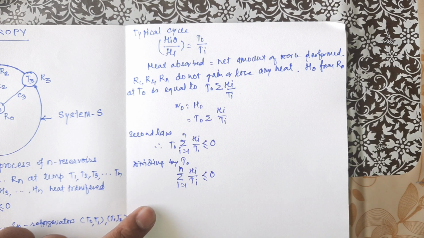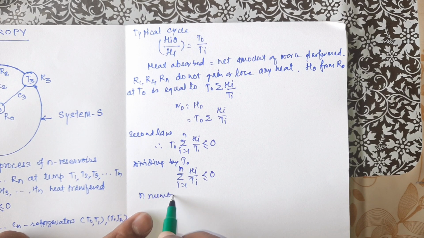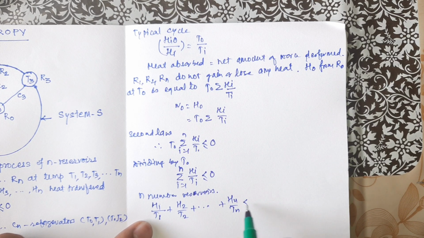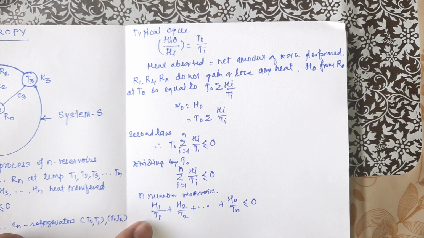For a system, if there are n number of reservoirs, we can write the above equation as H1 upon T1 plus H2 upon T2 plus Hn upon Tn, that should be less than 0.